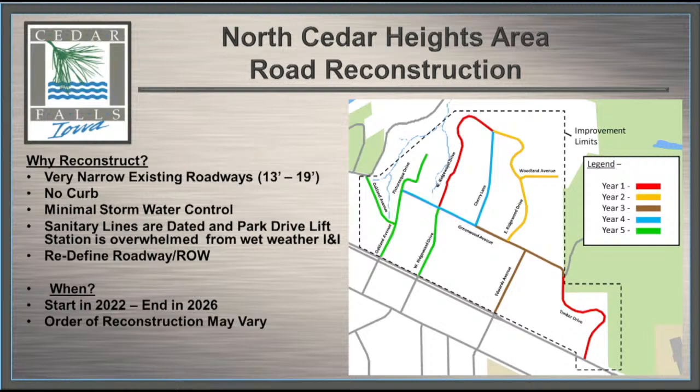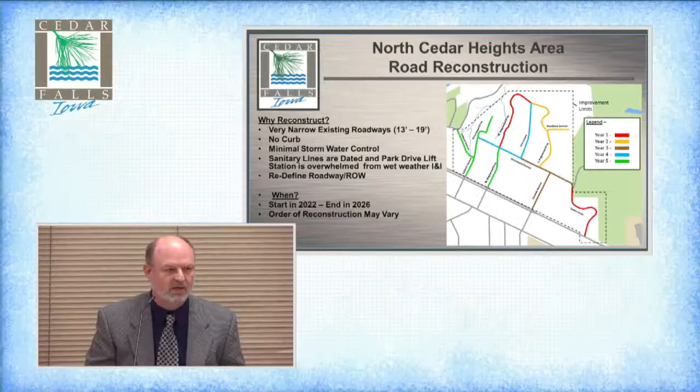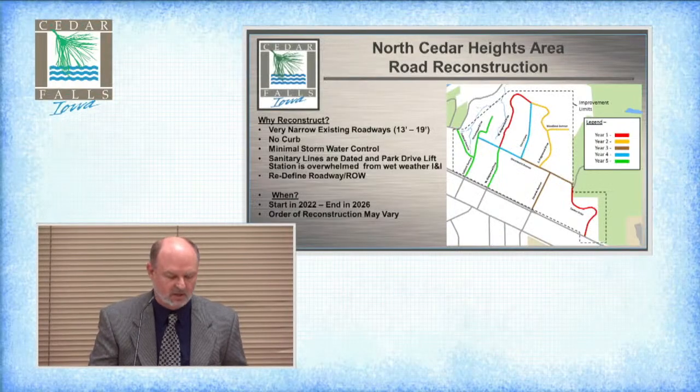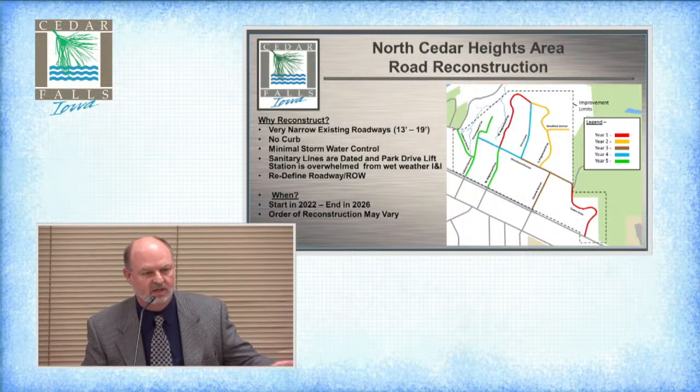Like I said, it's a 5-year project, and we'll be wrapping up in 2026 if we stay on schedule. As we move through this 5-year process, some of the actual order of the reconstruction may change. With that, I'm going to turn it over to Mike now, and he's going to walk you through some I&I.